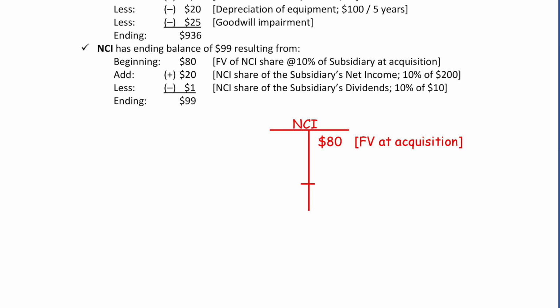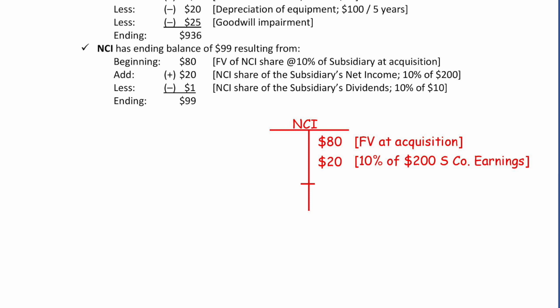And then we want to increase NCI to the extent of earnings attributable to the non-controlling interest holders, which is $20 because that's 10% of $200 S earnings. So you started with the beginning number, increased it by earnings, need to reduce it by dividends.